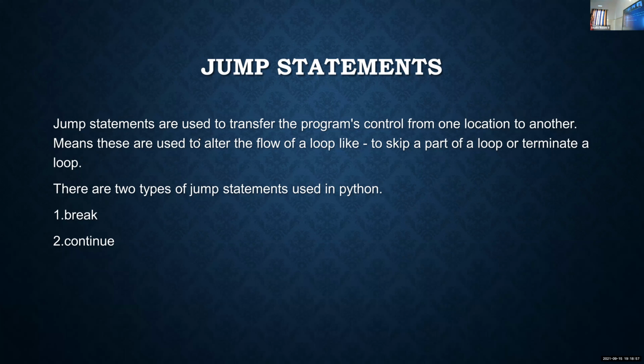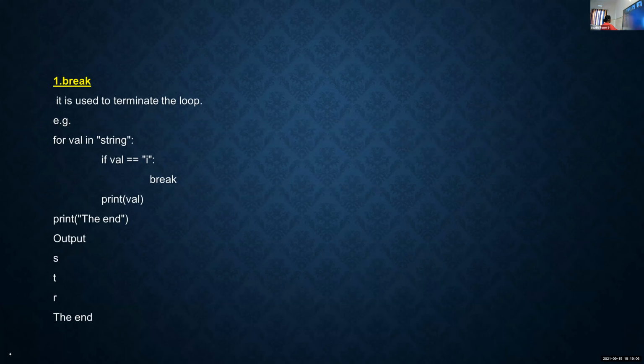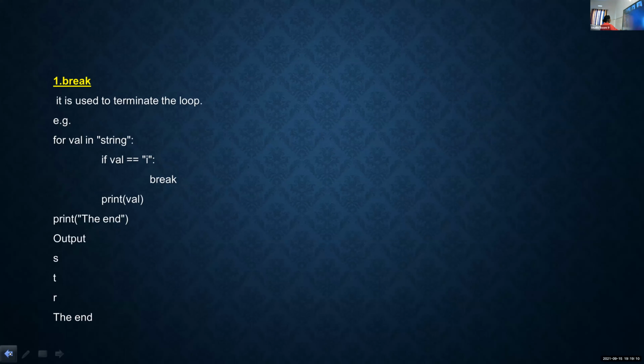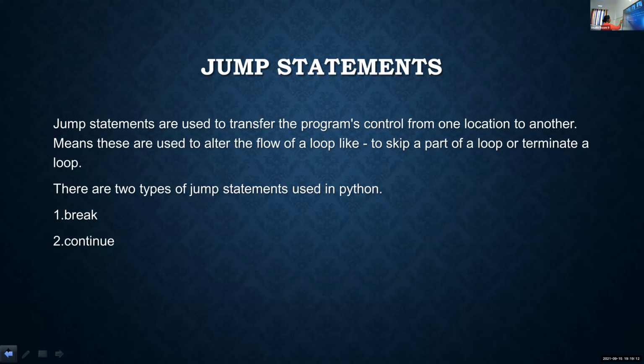Jump statements are used to transfer the program's control from one location to another location. It means that these are used to alter the flow of a loop, like to skip a part of a loop or terminate a loop.